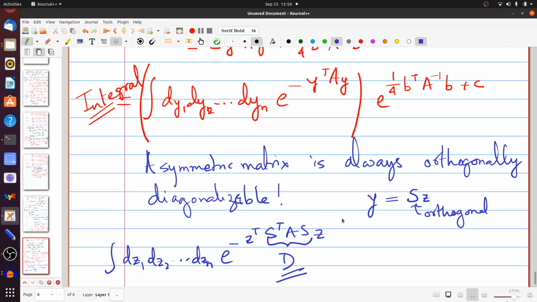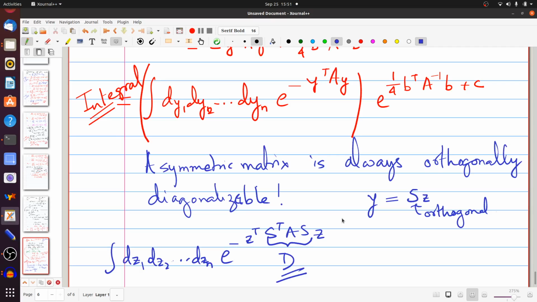Of course, the diagonalization process requires you to calculate all the eigenvalues and eigenvectors and so on. But you don't really have to carry out the whole calculation to understand this result. All you need for the formula that we are going to derive is the knowledge that you can diagonalize it.